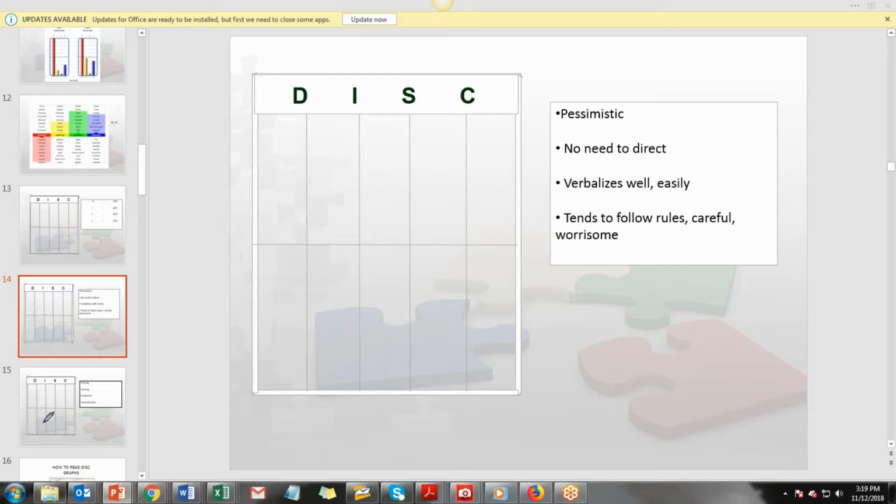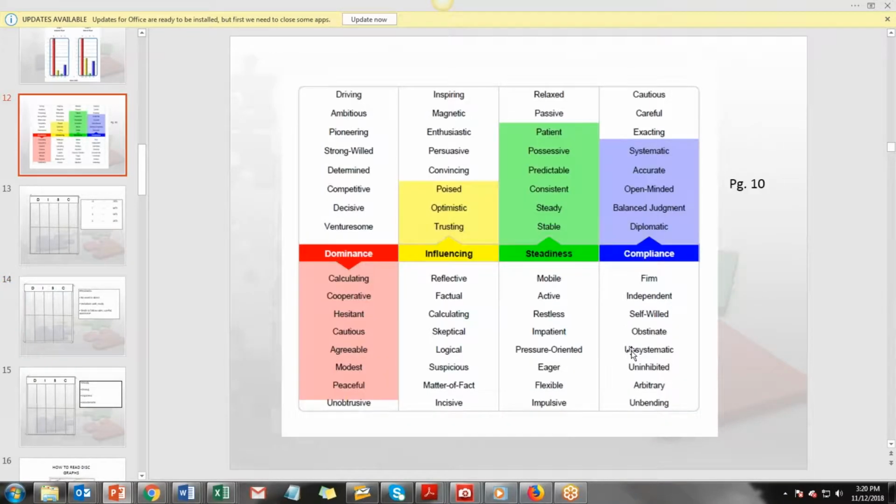What we do to answer that question is look at these words. If I say you're pessimistic, you're probably going to appear as a low I. It's not the exact same word, but it's close to being pessimistic.